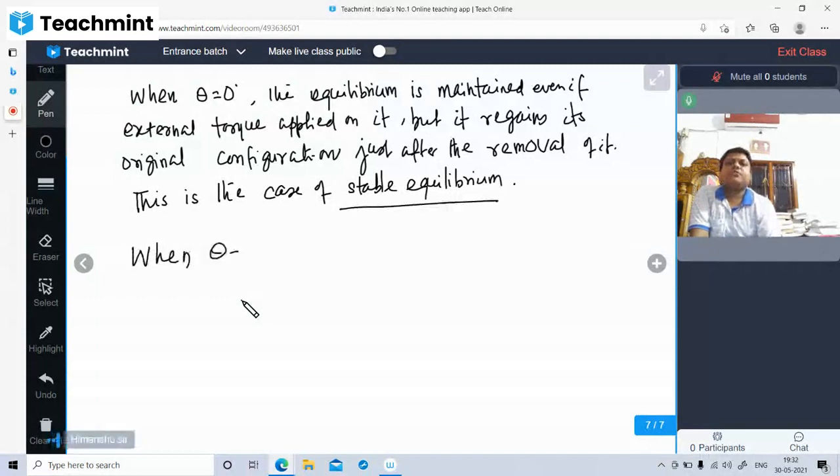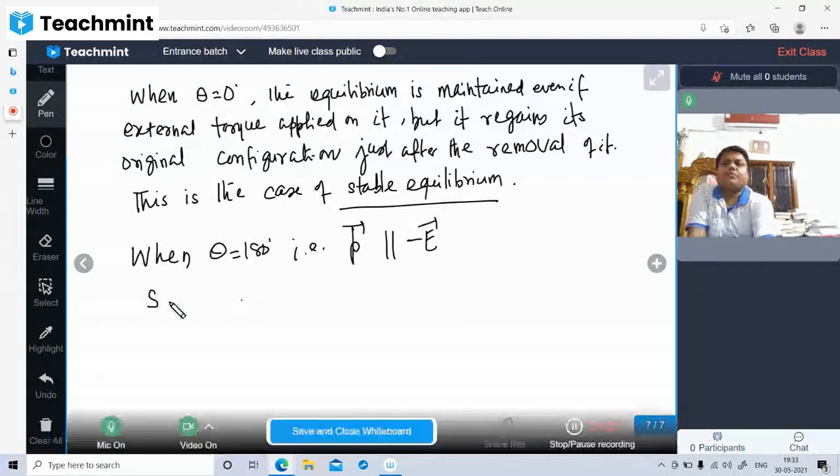Now, when theta is equal to 180 degrees, that is P is anti-parallel to the electric field. So what happened?